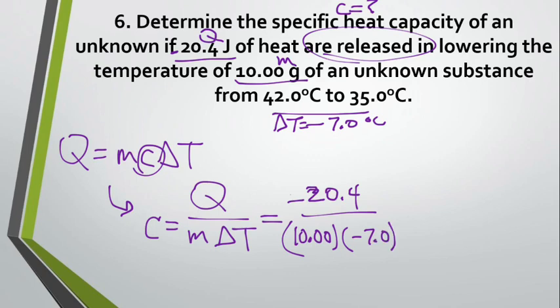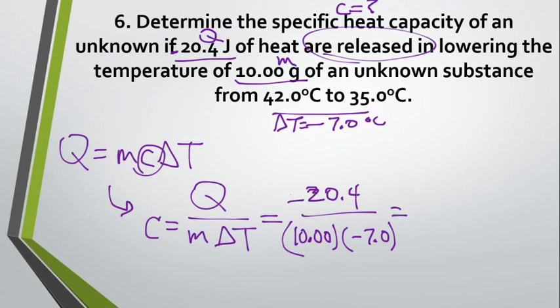Now, if the negatives are confusing to you, honestly, it's not going to make that big of a difference to you right now to just drop them. But your physics teachers next year are not going to like that at all. So it's worth the effort to wrap your brain around what these numbers mean and incorporate them into your calculations, because they do have meaning. It's not just something we tack on there for no reason.